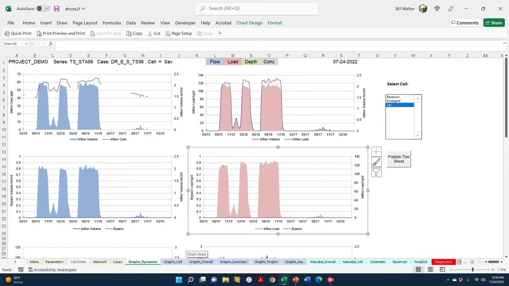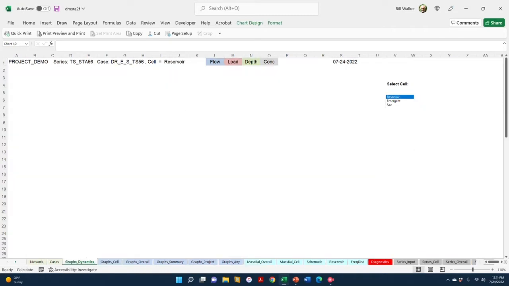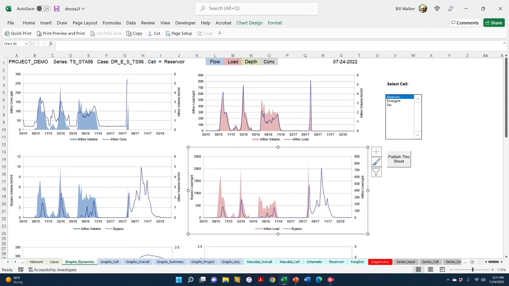So we got a much stabler flow regime, but it's still, in the end here, basically it's drying out the SAV.